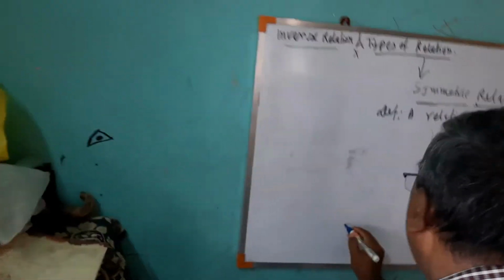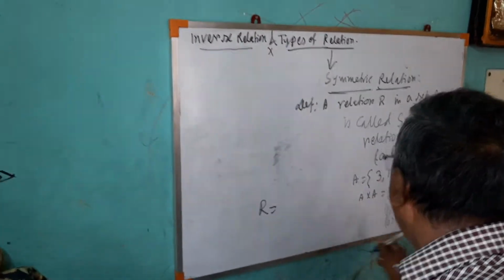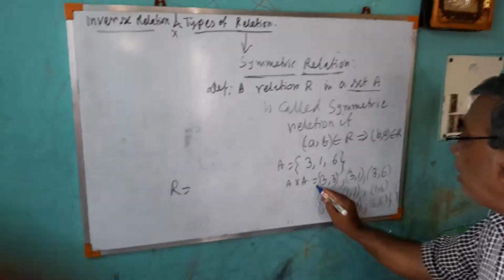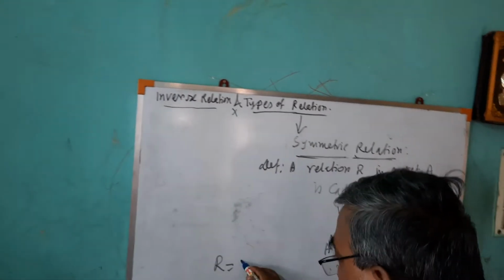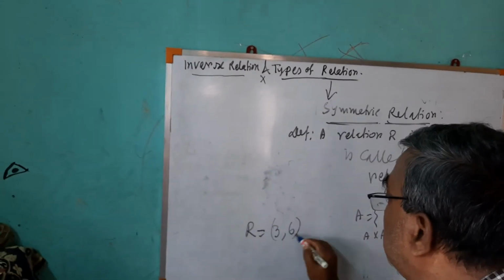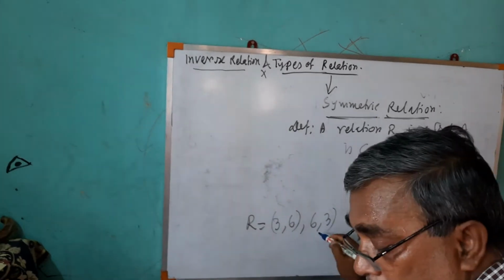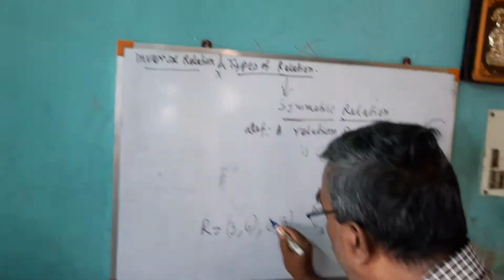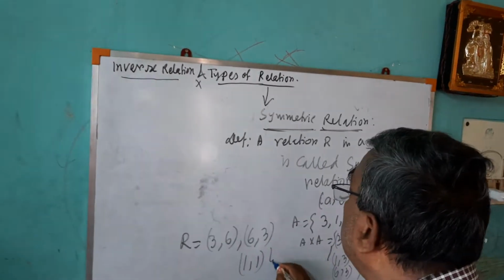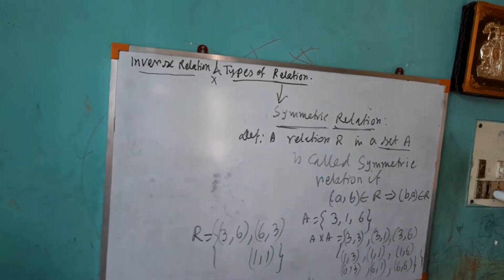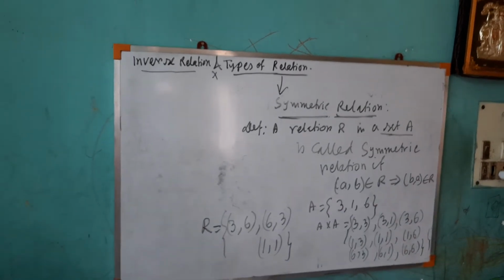I am considering a relation R equal to these elements: (3, 6), (6, 3), (1, 1). This is (1, 1), (1, 1).